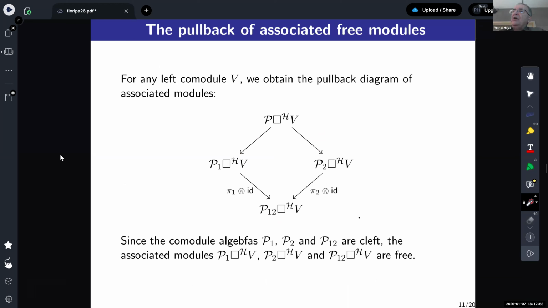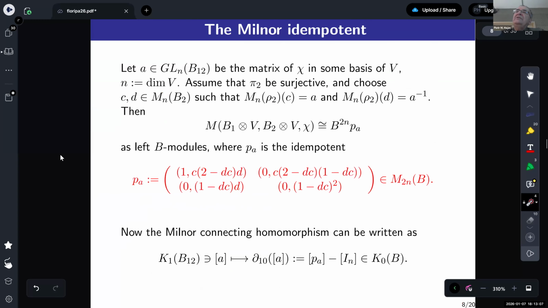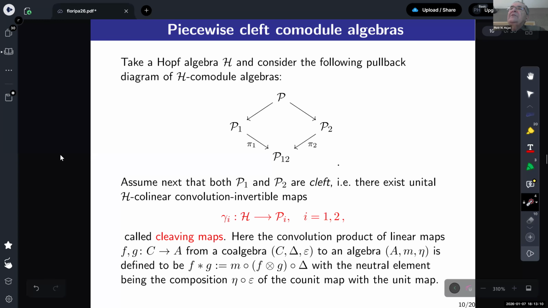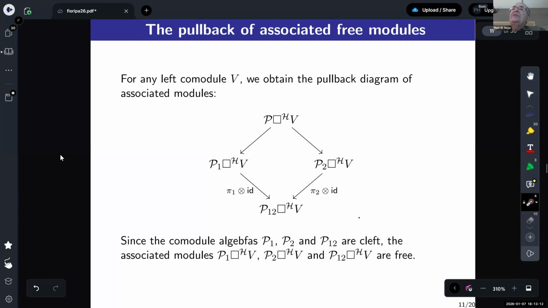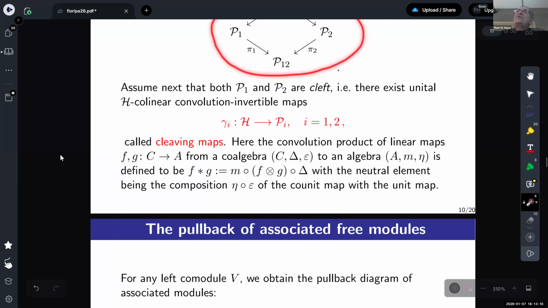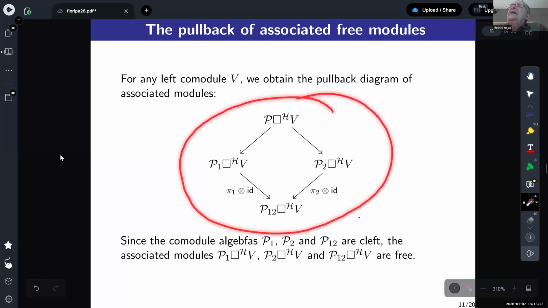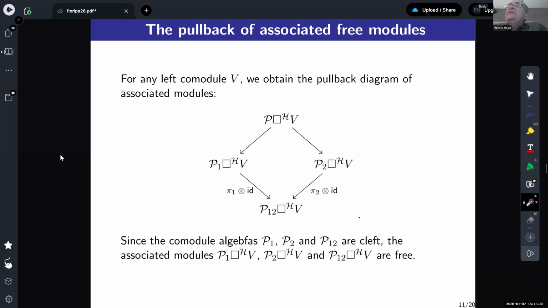So now, as I promised to you, I see that here I changed the notation from A to P. Okay, doesn't matter as long as I'm consistent on a given page. So that's in the category of comodular algebras. So all maps are equivariant. So this means that I can apply the cotensor product everywhere, right? And now this will give me a pullback diagram in the category of modules. It will be simply the Milnor setting if you want, okay?